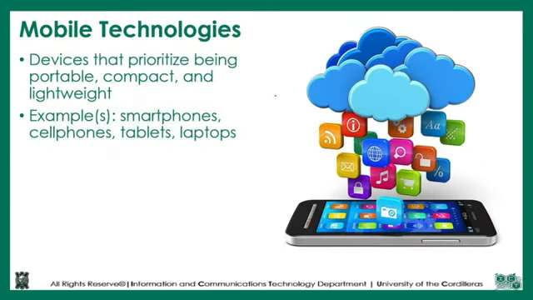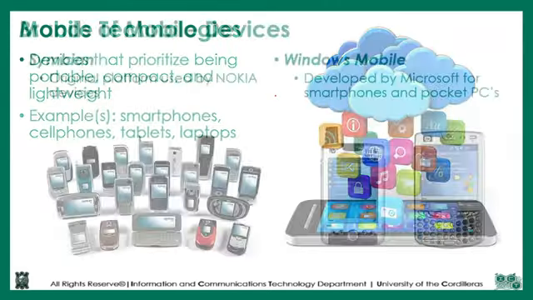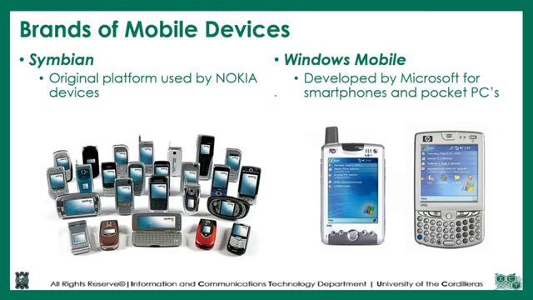We also have mobile technologies. Obviously, these are technologies which are meant to be portable, compact, or lightweight. There are different technologies that we have. The first one is Symbian. This was the original platform used by Nokia devices, the old Nokia devices before they shifted to Windows Phone.